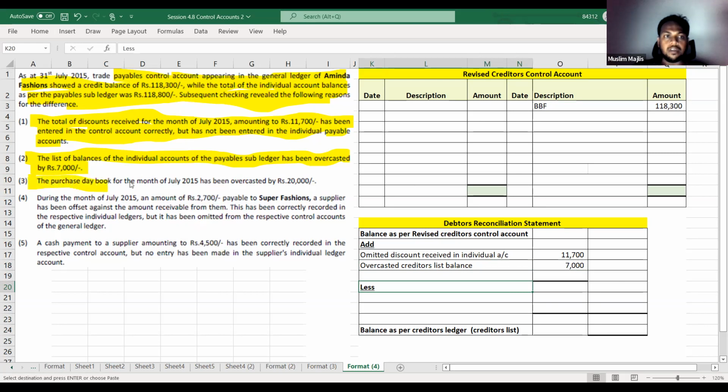Number 3, the purchases day book has been overcasted. Okay, so this is another scenario. If the day books are overcasted or undercasted, day book total balances will be taken to the control account. So simply you can remember, if the day books are overcasted or undercasted, it will affect only the control account.